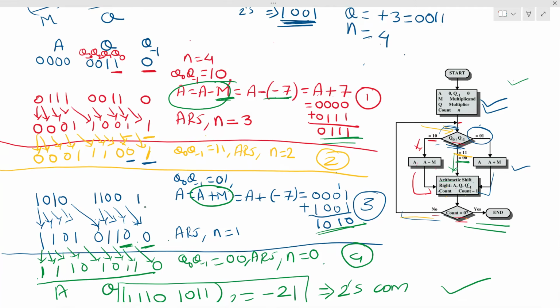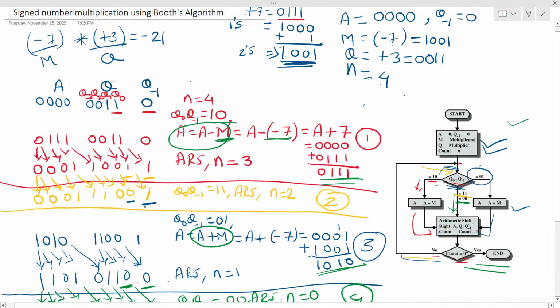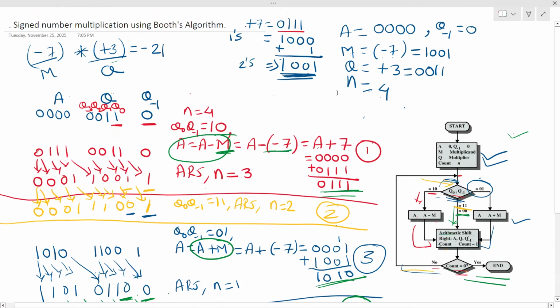Okay, so the accumulator value is very important. So any mistake done in accumulator and the Q value, then you will not get the correct answer. Okay, so the multiplicand, your multiplier, and accumulator, these three are important to start and to end with the correct answer.